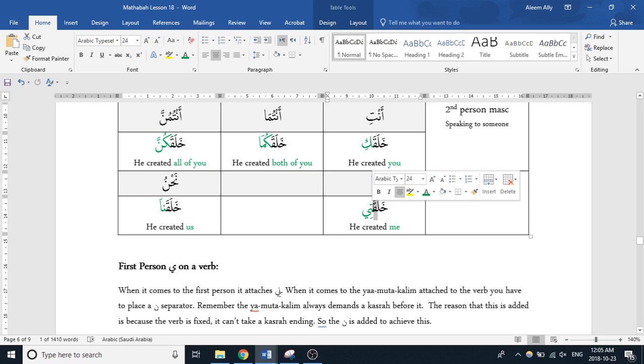So in order to make this work, that noon is thrown in there, and Sheikh called it a lifesaver noon, because it allows you now to put in that kasra and attach the ya, making it now an object referring to I. So it becomes khalaqani, he created me.